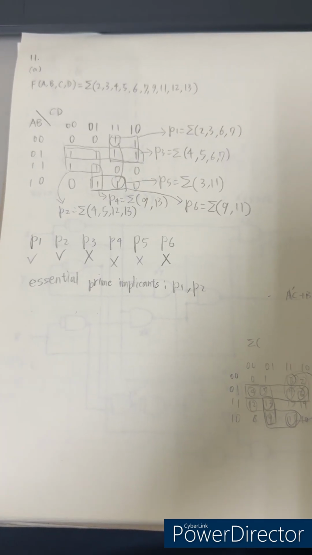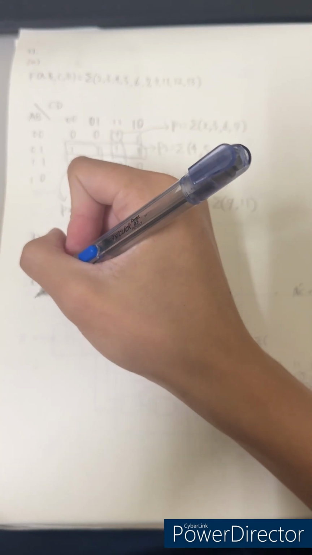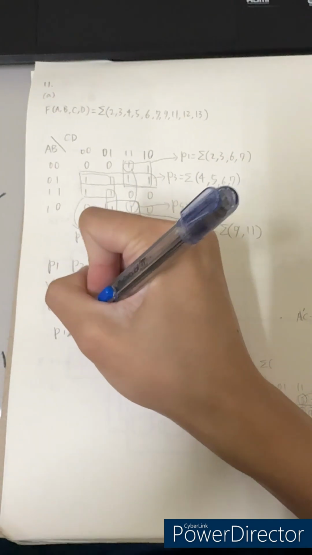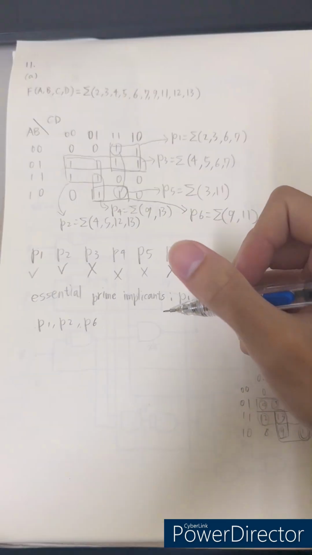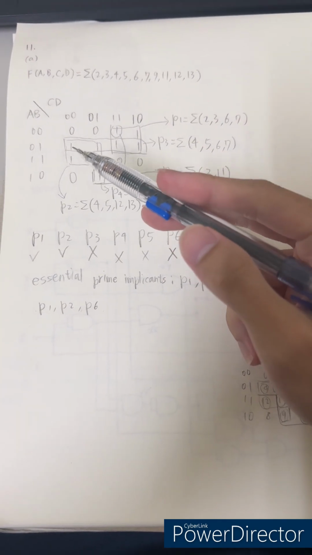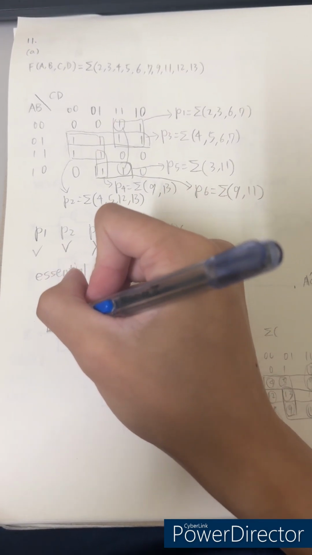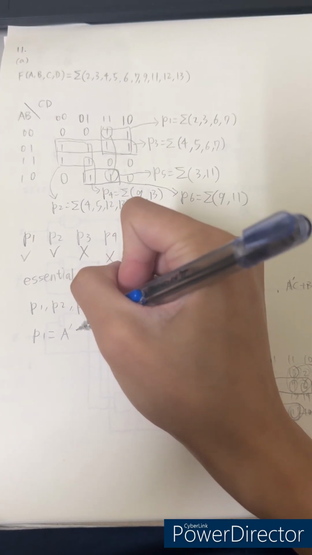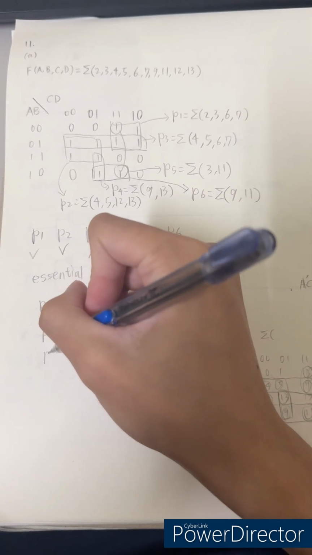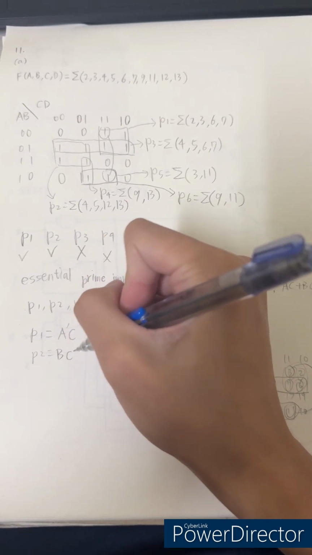Okay, and now we need to express the results as terms. Then we choose P1, P2, and P6 because they can cover all the ones in this K-map. And P1 is A prime C. P2 is B C prime.